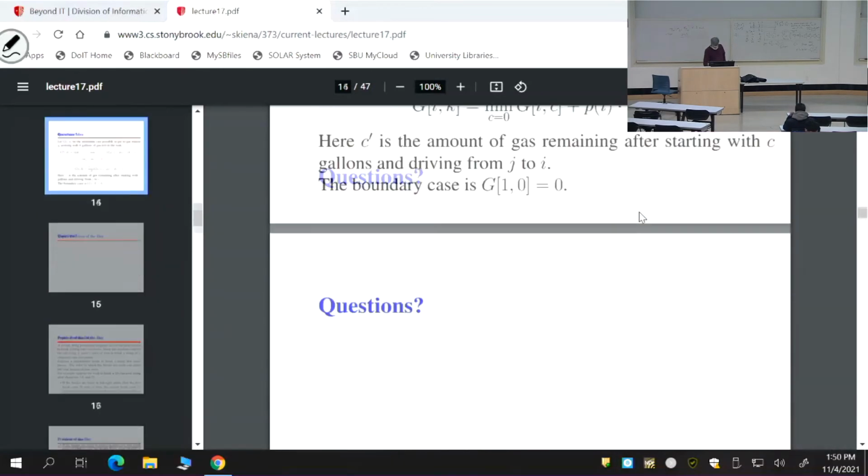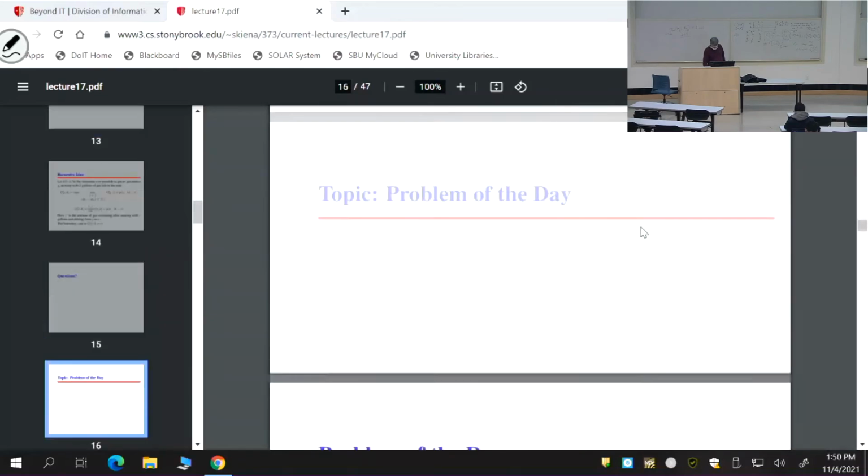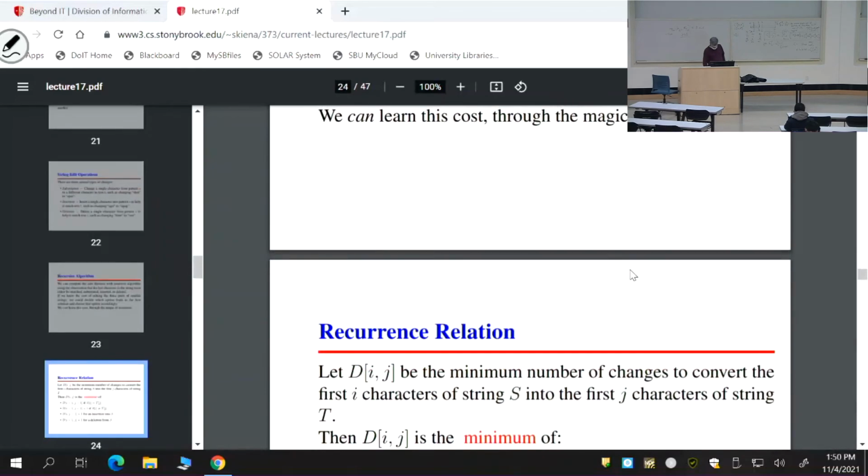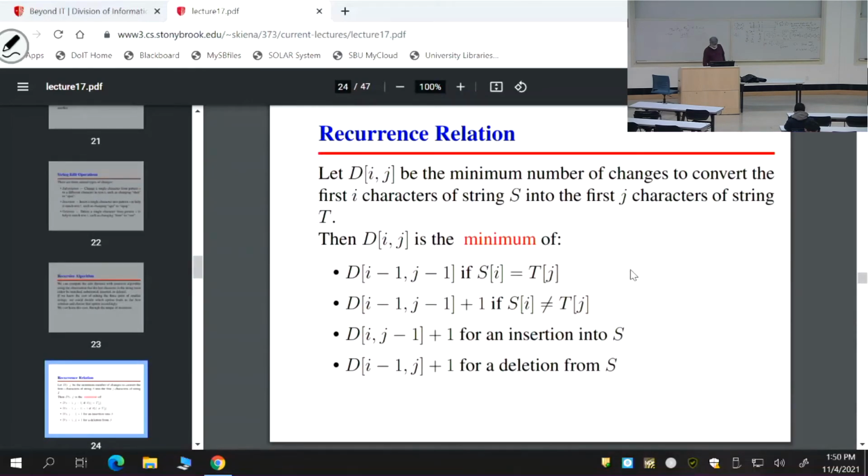What I'd like to finish talking about today is what we started on last class, edit distance. And what was the edit distance problem, just to remind you? You were given two strings. Let's say Stony and Sony, and suppose you want to convert our university to a company.